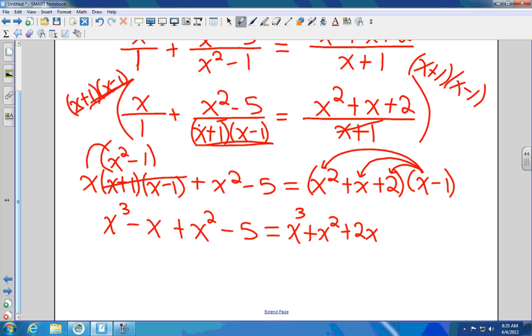And then you do the same thing with negative 1. Try to make this close. So negative 1 times x squared minus x squared, negative 1 times x minus x, negative 1 times 2 minus 2.